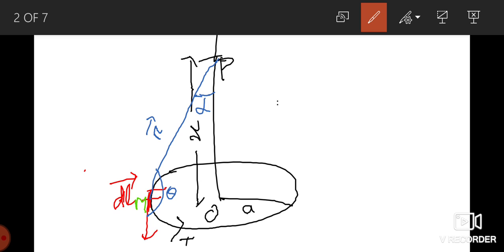As it is a 3D structure, theta is 90 degrees.